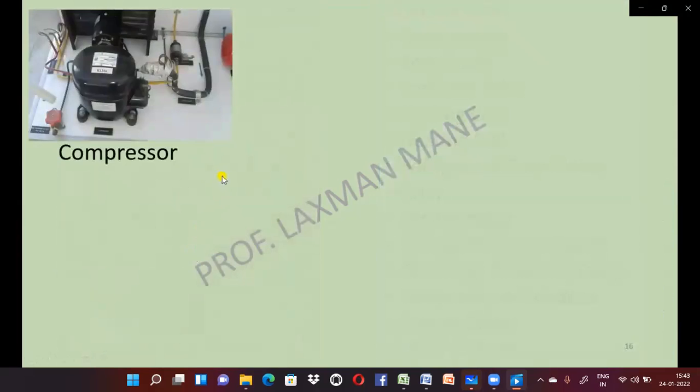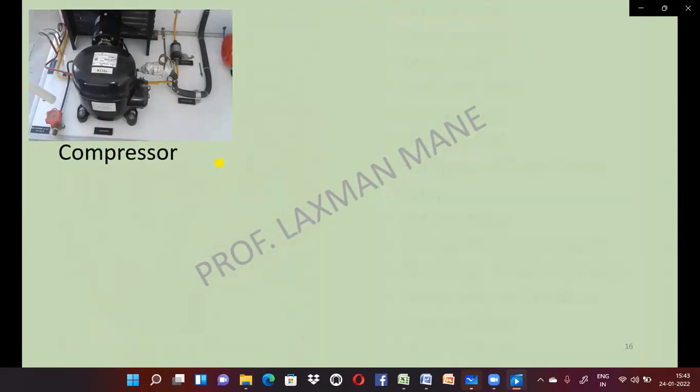This is a hermetically sealed compressor, which is used to compress the vapor refrigerant coming from the evaporator in order to increase its thermal energy level. Thus, its discharge temperature increases above the atmospheric temperature.